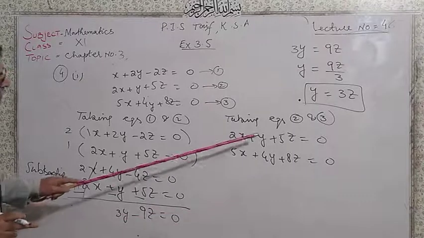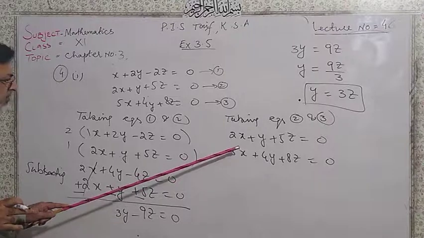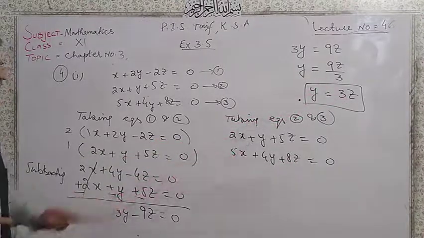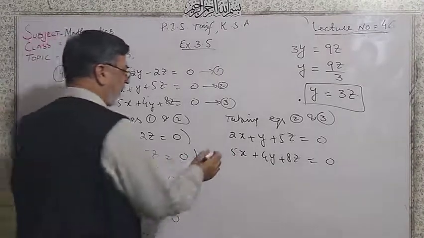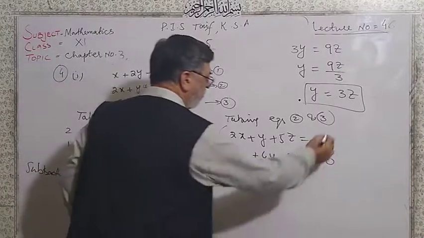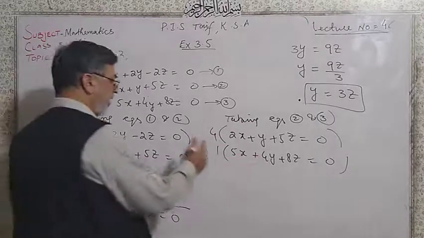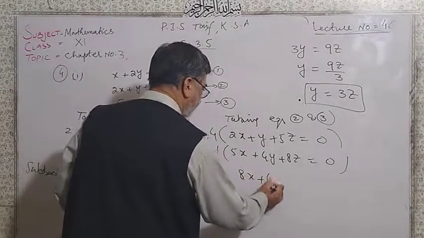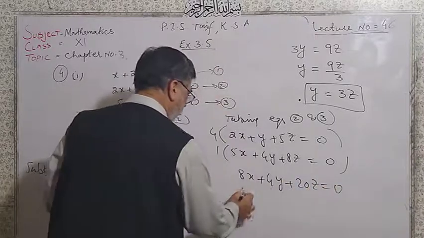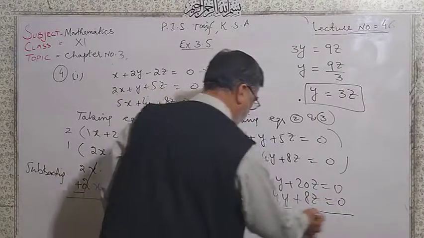Then definitely we have to finish y. We have to cancel y so that we will get the relation between x and z. So the first equation is multiplied by 4 and the second by 1 to make the coefficients of y equal. Here is 8x plus 4y plus 20z is equal to 0 and 5x plus 4y plus 8z is equal to 0.